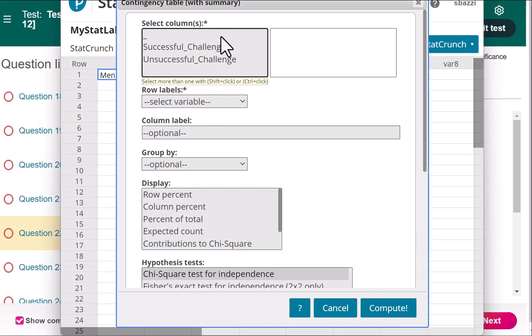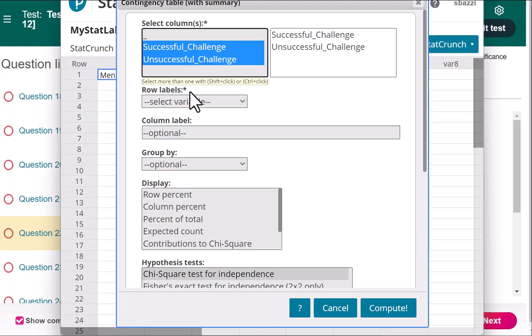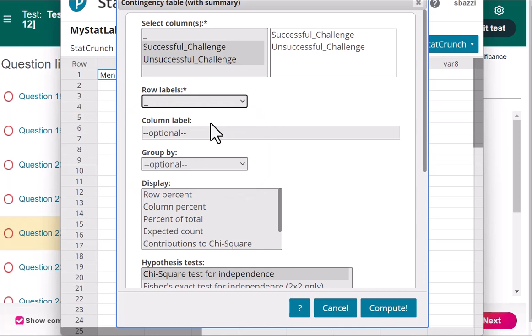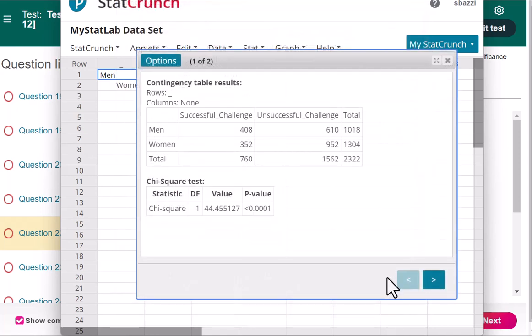Select the columns that have the data, which are successful and challenge, and press down the control key. And now for the rows, select just the heading of the rows, which is men, women. It didn't have a title, so I'm going to select this one right here and hit compute.